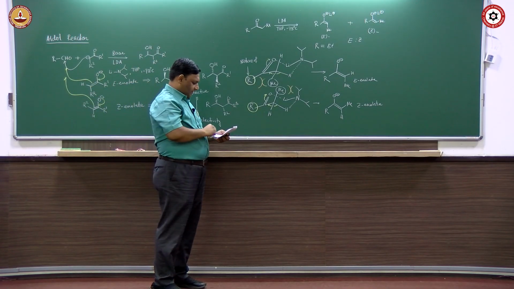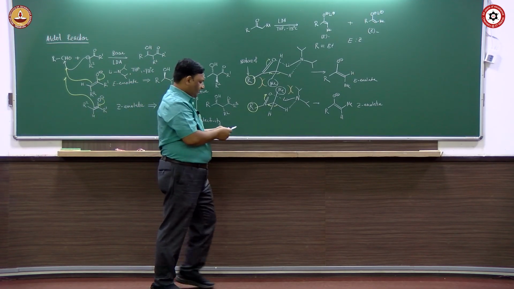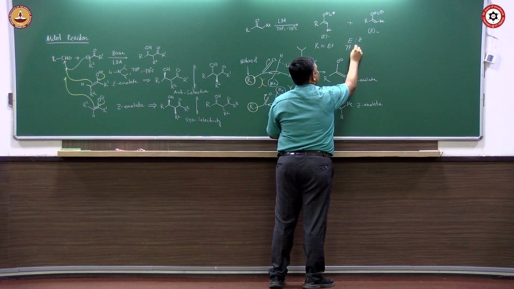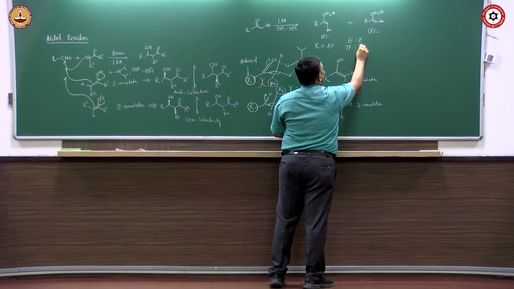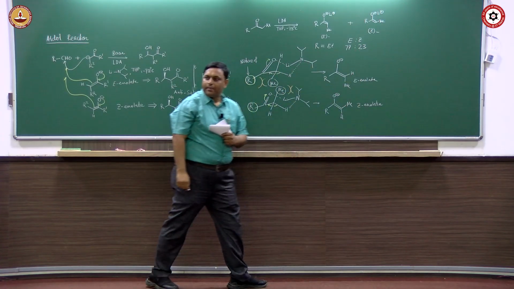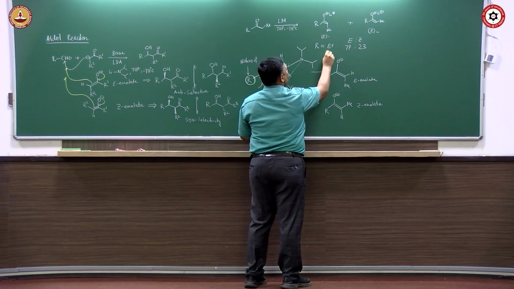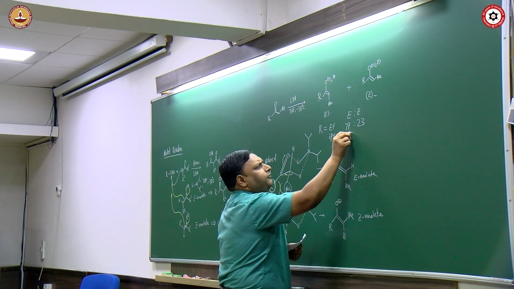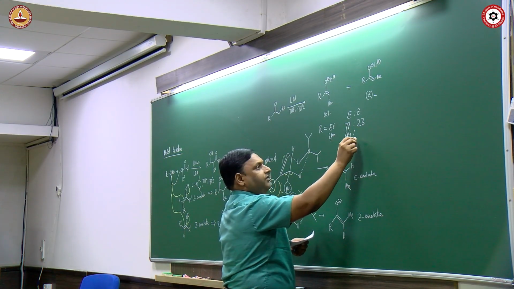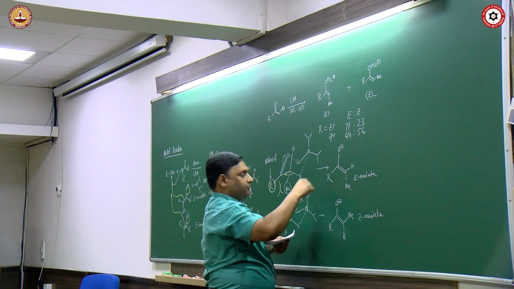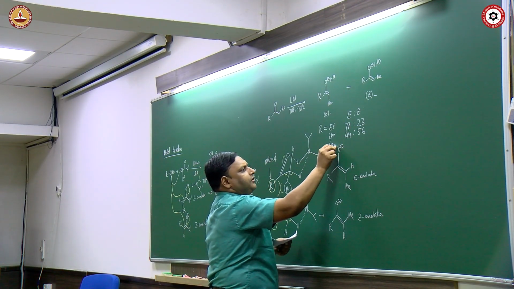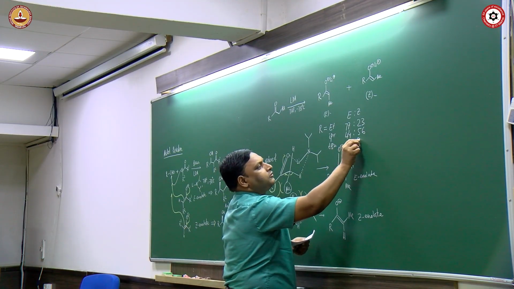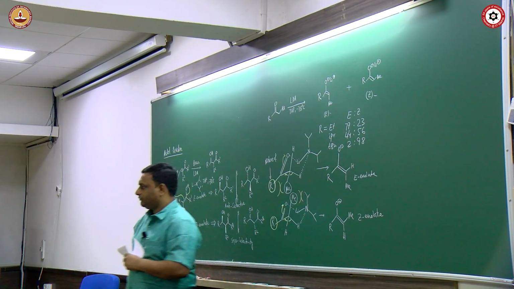So, if you have R is equal to ethyl, you get 77% E and 23% Z, and you put R is equal to isopropyl, you get 44 to 56, and you put R is equal to tertiary butyl, the ratio becomes 2 to 98.